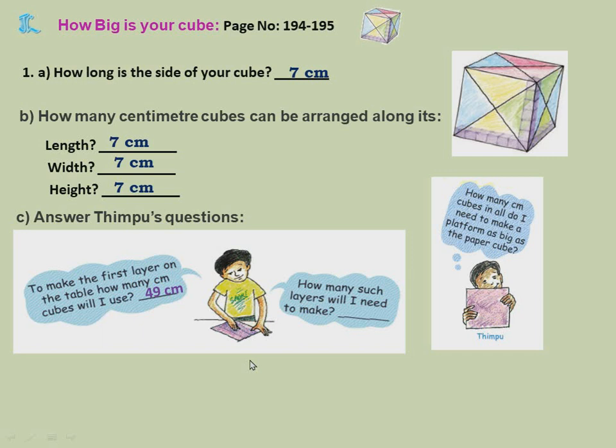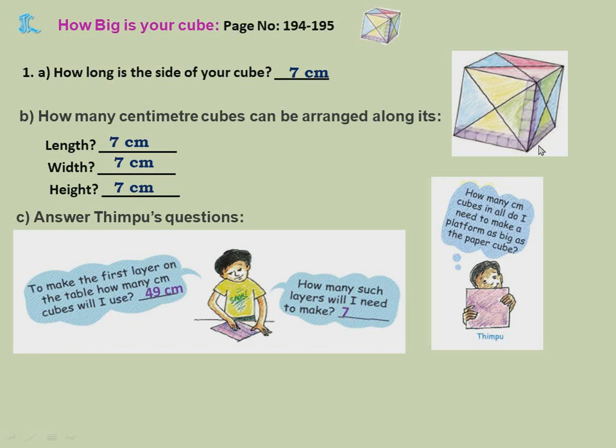Yes or no? Because 7 sevens are how many? If I open this square paper, the side is 7, all sides are 7. So 7 into 7, because this side is 7, this side is 7. So 49 centimeter cubes are required.